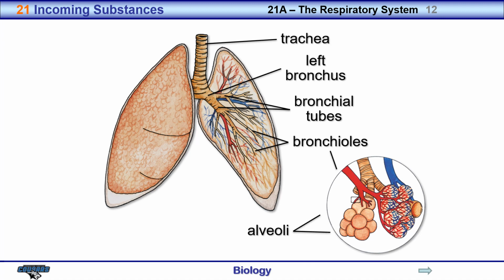And they kind of look like grapes. And the outside of each alveolus is covered by a very extensive network of small blood vessels called capillaries. And you can see the red capillaries and blue capillaries.